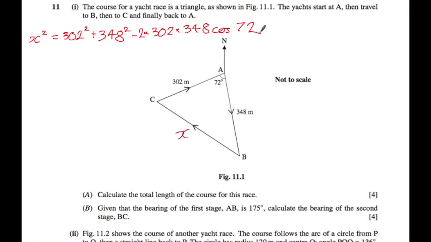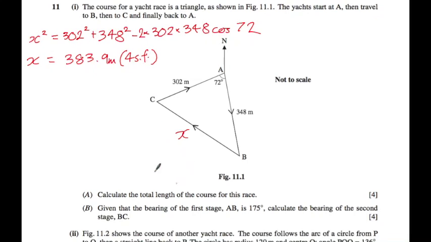So I'm going to put that on my calculator, so amuse yourselves while I do that. 102 times 348 times cos 72. Make sure I'm in degrees, and that gives me about 147,000. So to get x, I'm going to square root that, and that gives me 383.9 meters to 4 significant figures.